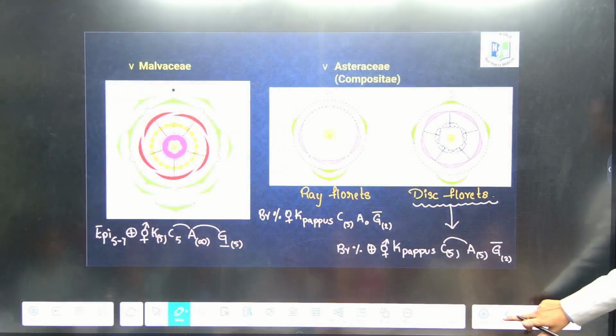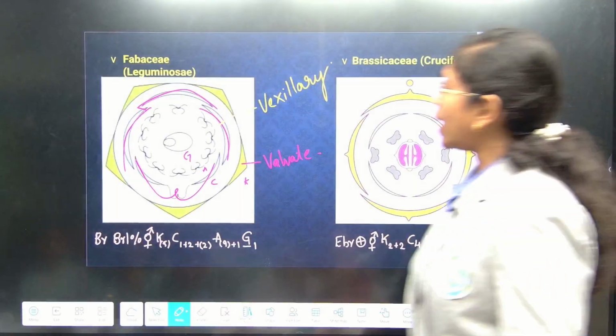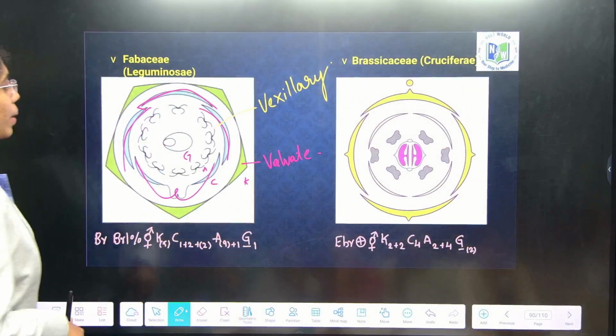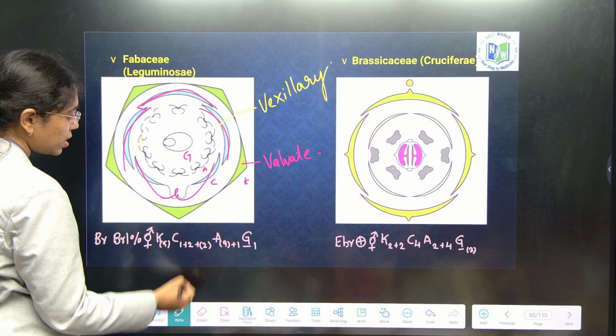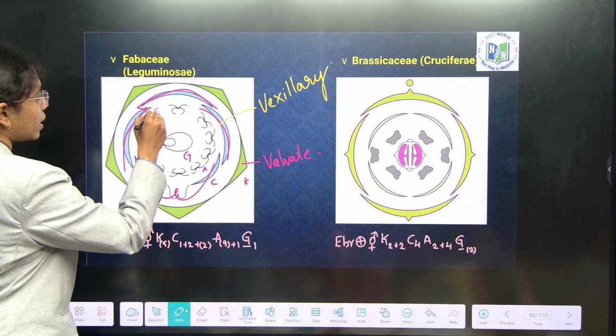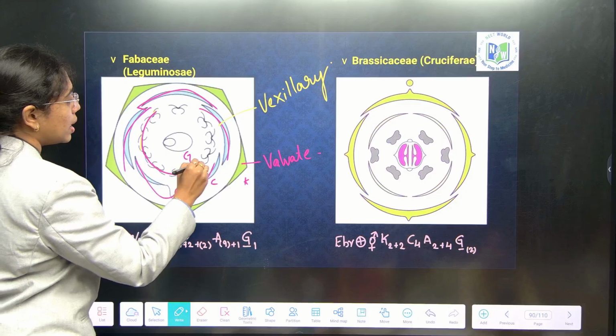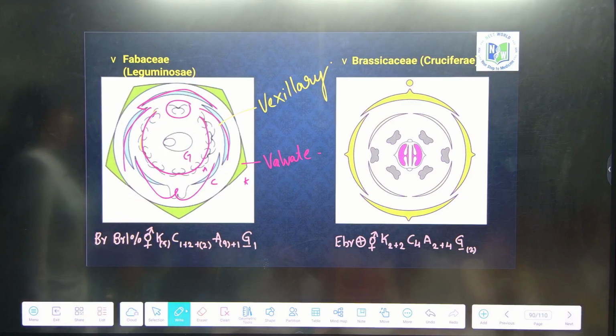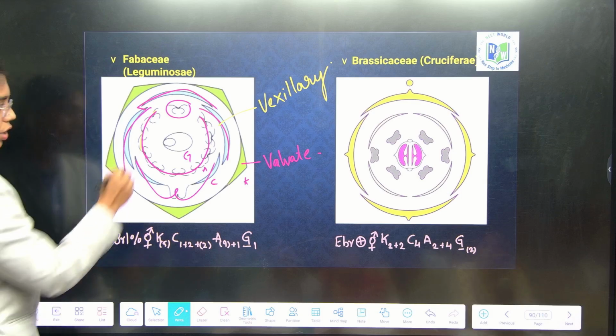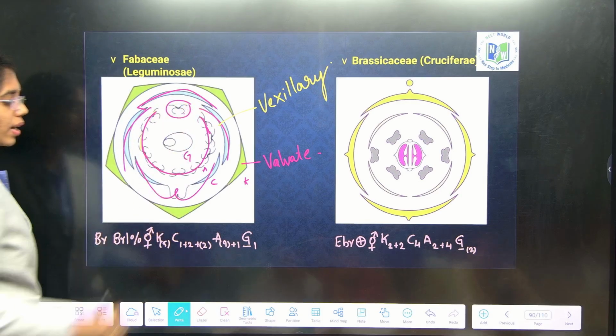Here we go. So like that, here androecium of Fabaceae, you can see 2 bunches, right? This is one bunch. 9 stamens are forming a single bunch, and 1 stamen alone is forming the other bunch, which is of what? Diadelphous condition, where 9 are fused plus 1 is free.